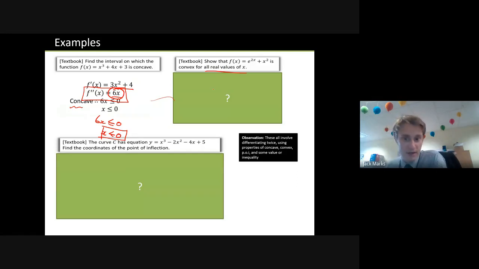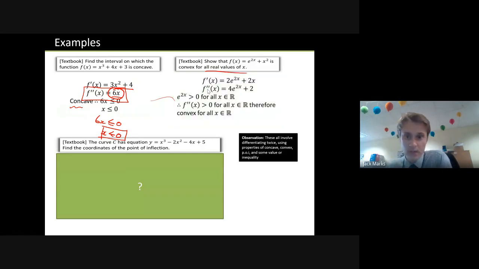So that's a clue of where to go with this question. If we differentiate twice, we get this result, 4e^(2x) + 2. Now, what's the condition for convex? The condition is that this must always be getting more positive.